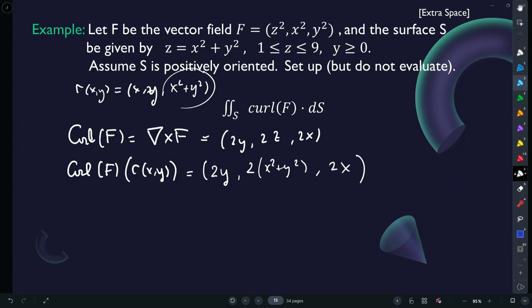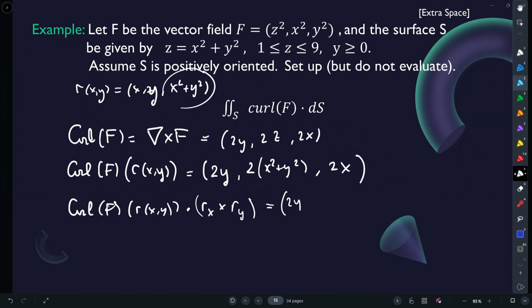Okay? And then I'm going to have to do the dot product with the normal vector. So now what is the curl of F evaluated here, dot the Rx, not in absolute value, but just the actual vector that we got for the cross product.